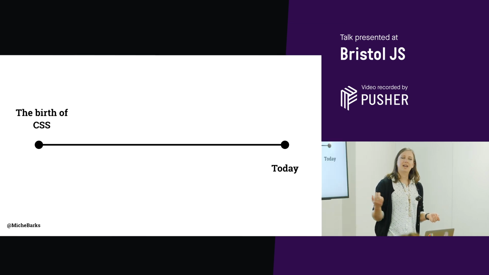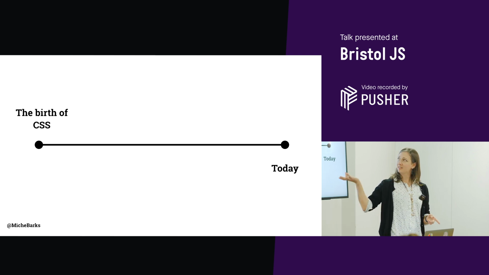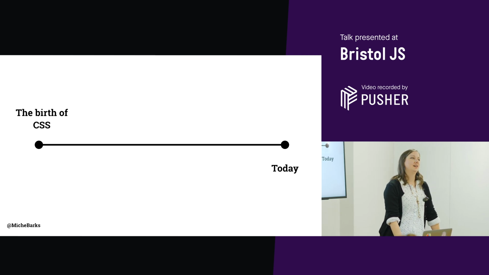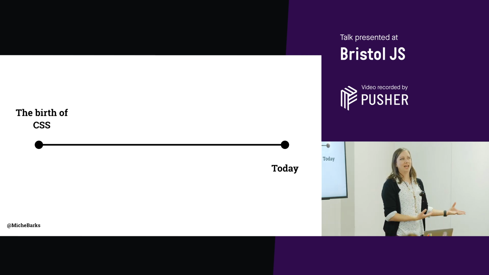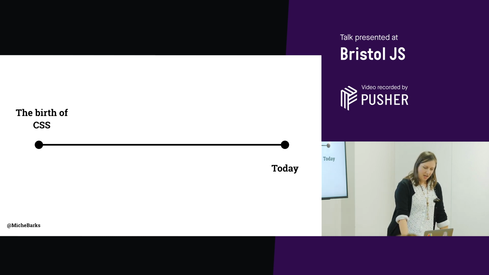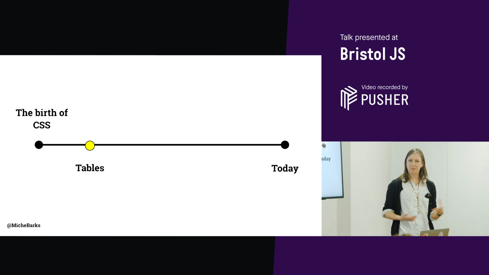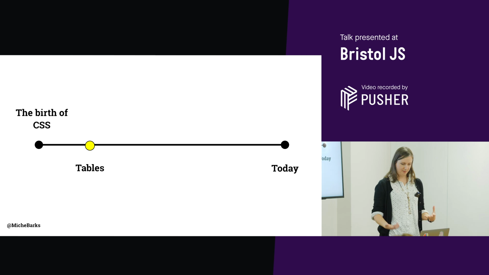Now, if we take a look at a brief history of CSS Layout, from the birth of CSS until today, you can see that first of all, we had nothing much at all. We just had flow layout. You basically just get one long column. Then people figured out that you could hack around with tables to produce layouts for the web, and people started getting really creative with that.